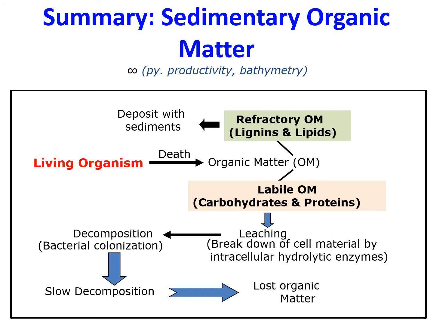The refractory organic matter comes from the lignins and lipids of the living organisms and is more resistant to the degradation process, so this will be preserved and deposited in the sediment, while later by decompaction and low temperature reactions it will form kerogen in the lithified sedimentary rock.